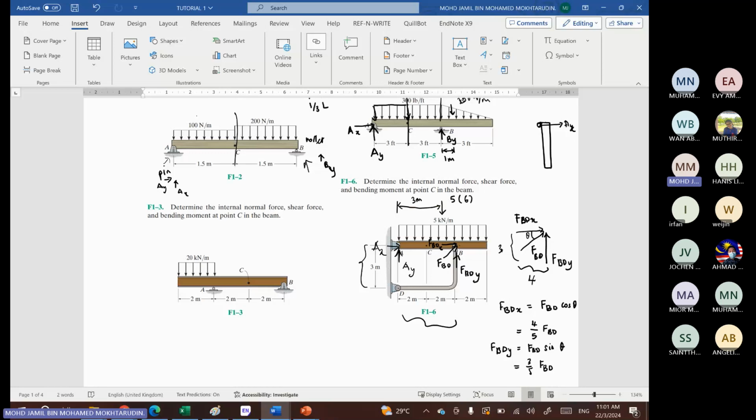Then we can draw the free body diagram to remove all of the unnecessary component in the question, so that we can analyze the beam only.